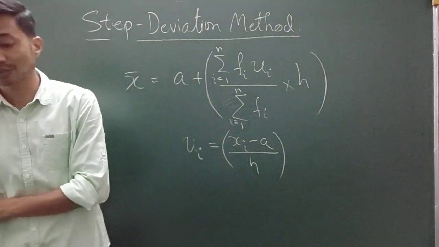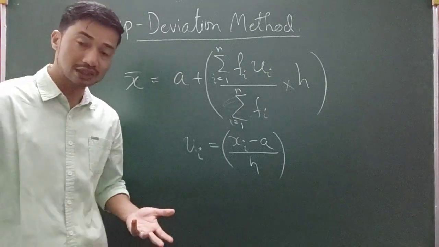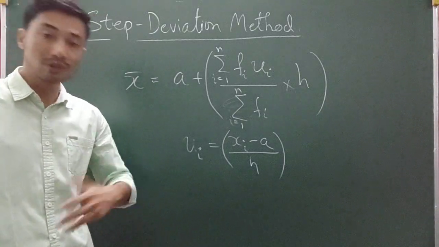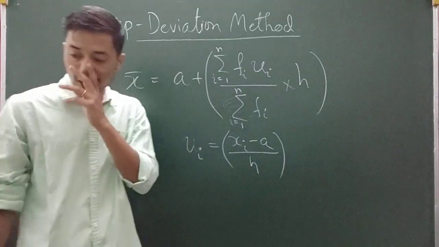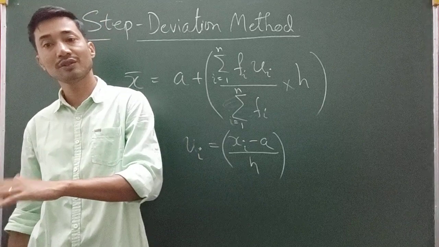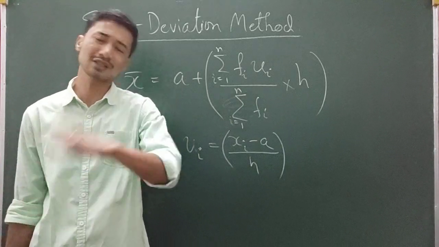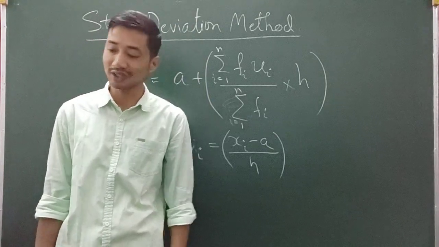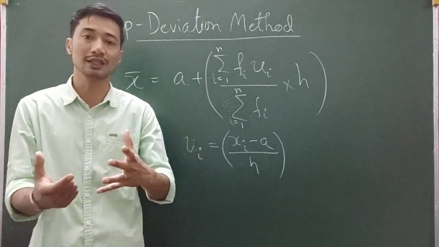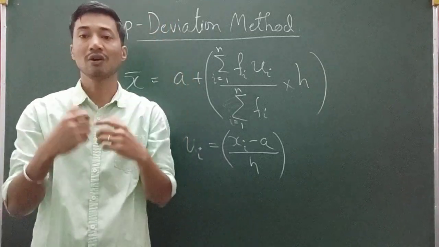Question number 5 is not a continuous distribution table, it's inclusive, so we'll have to convert that to exclusive. And in number 8, the class width is not uniform, we'll have to convert that into uniform class width. I will talk about that in the next video. Today we are going to just learn how the step deviation method is done.